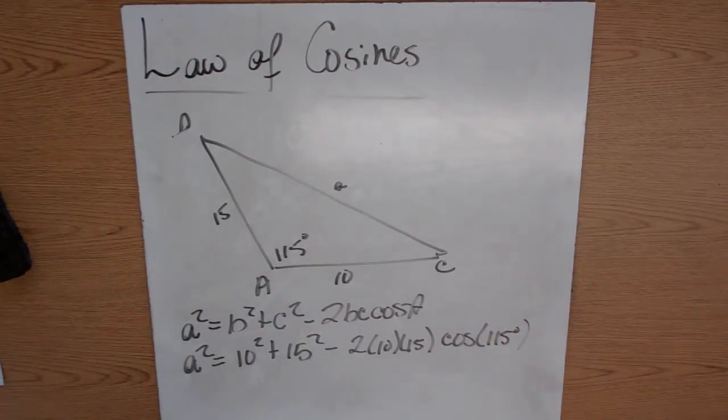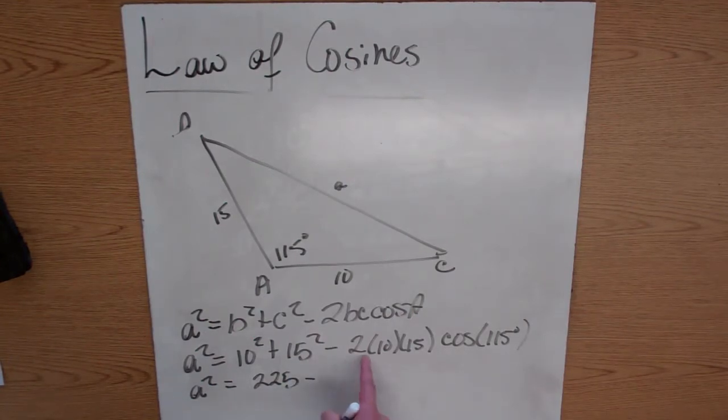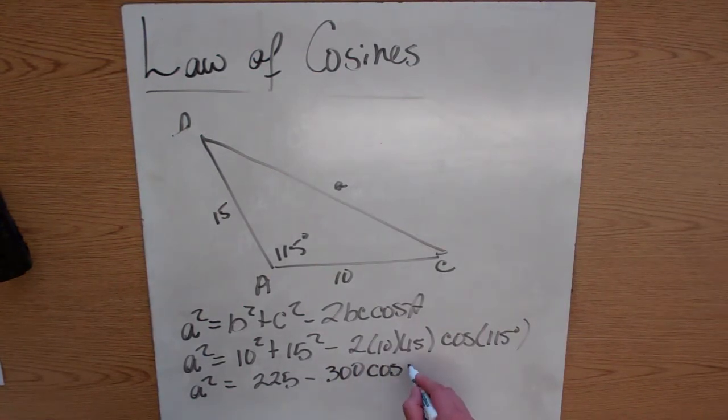So this here is 100 plus 125, so a squared equals 225 minus this right here, which is 2 times 10 is 20, 20 times 15 is 300, times the cosine of 115 degrees.